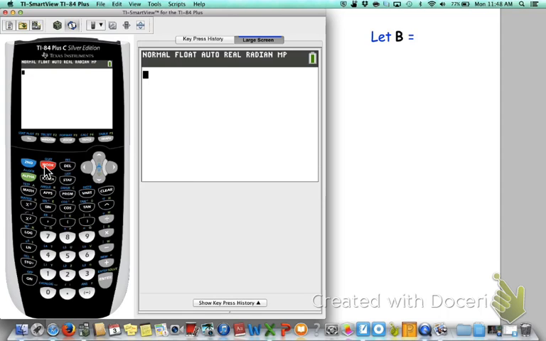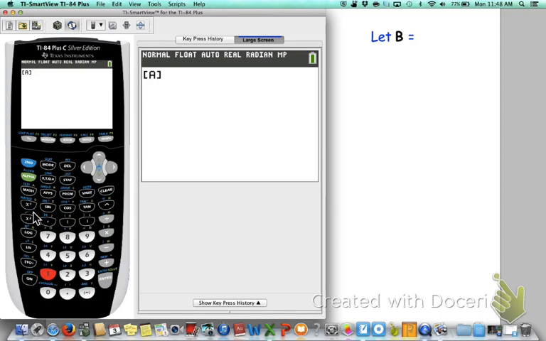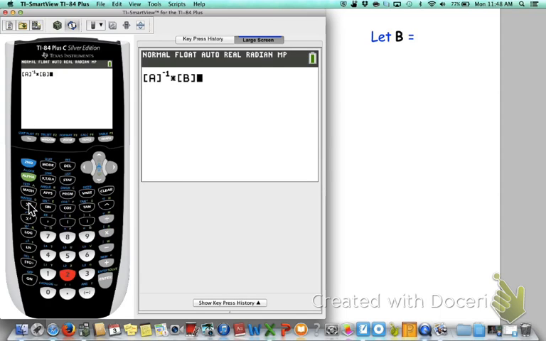Great. So now what I'm going to do is select matrix A, and I want to do the inverse of that, so I just use the inverse key right here. And then I'm going to multiply that by B. So again, go to matrix, select that one, and that gives me my answers. Sweet.